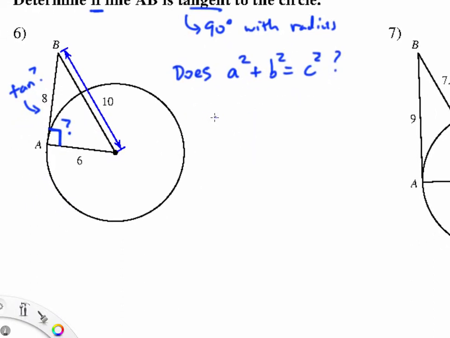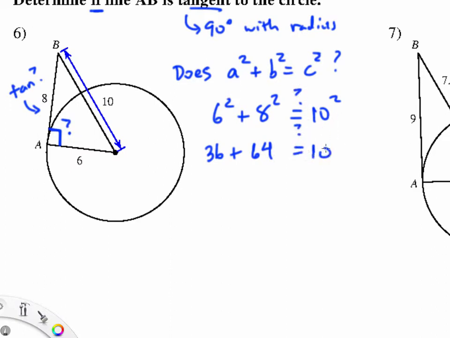So let's try it. a squared would be either 8 or 6. We'll do 6. So 6 squared plus 8 squared, does that equal the hypotenuse across from this right angle, we think, 10 squared? Well, 6 squared is 36. 8 times 8 is 64. 10 squared is 100.